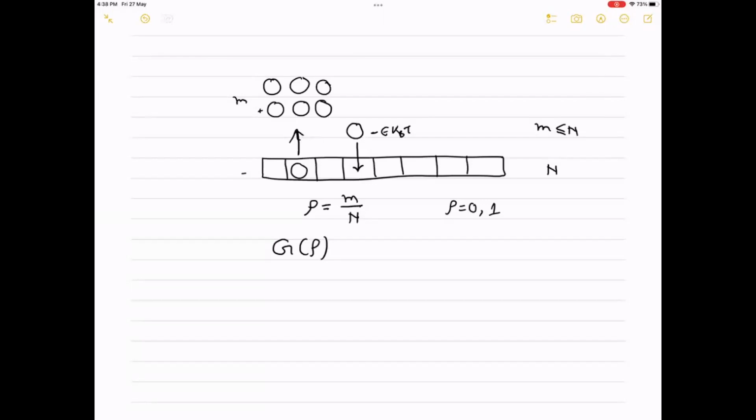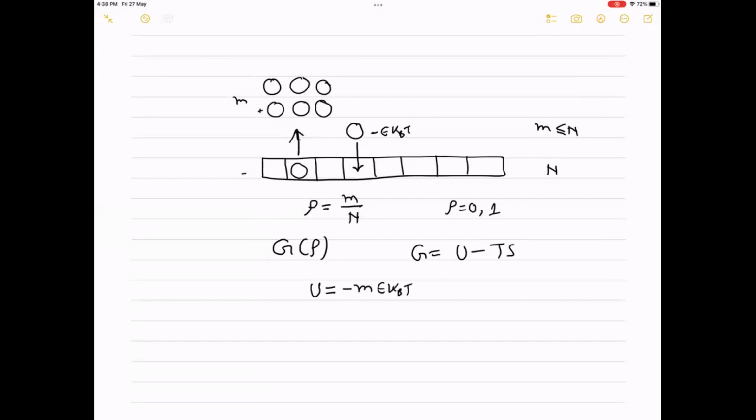We know that the expression for the G is nothing but U minus TS. What is going to be the form of the U? So we can write down U, right? If M proteins are bound, then the energy will be equal to minus M epsilon kBT.